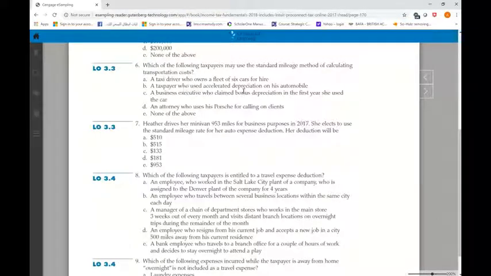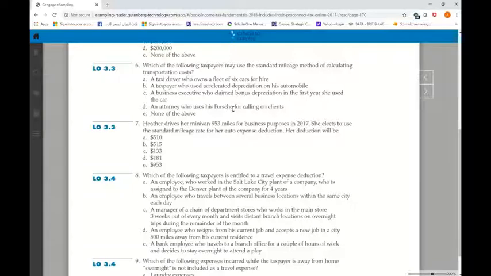A taxpayer who uses accelerated depreciation, section 179, is not allowed. A business executive who claimed bonus depreciation in the first year she used the car, this is also accelerated depreciation. An attorney who used his Porsche for calling on clients is the answer here.